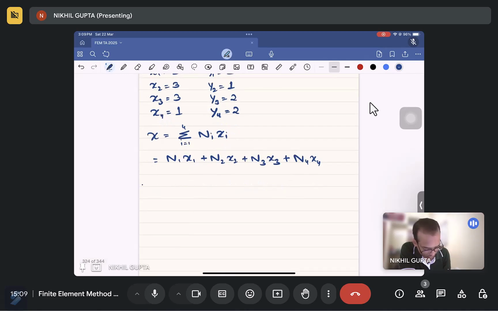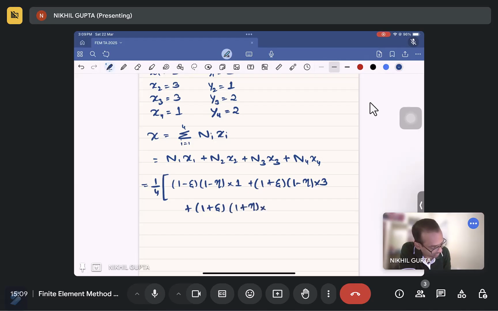When we substitute the value of all the N's, we can take out 1 by 4 common outside, and write the other terms like this: (1 minus xi)(1 minus eta) into 1, which is x1. Then N2 is (1 plus xi)(1 minus eta) into 3, plus (1 plus xi)(1 plus eta) into 3, plus (1 minus xi)(1 plus eta) into 1.